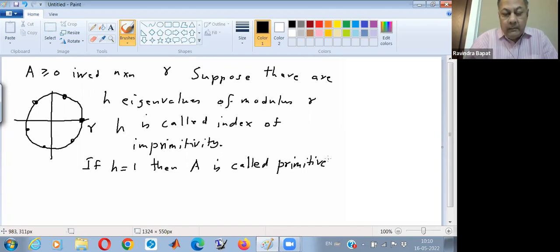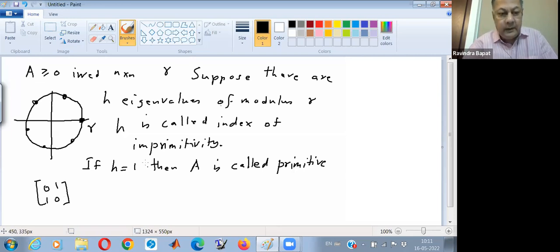And that is why we talk about the index of imprimitivity. So primitive is a stronger condition than irreducibility. And this full cycle matrix is again the classic example of something which is irreducible but not primitive, because it has two eigenvalues, 1 and -1. 1 is the spectral radius, but -1 is the other eigenvalue with modulus 1. So here the index is 2.